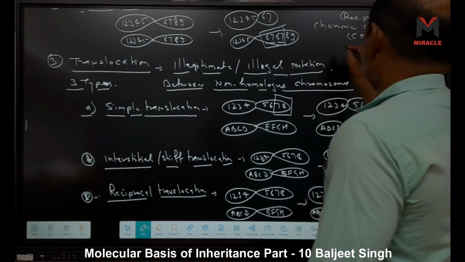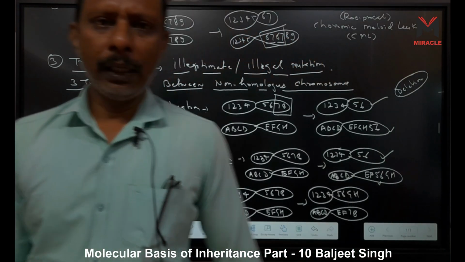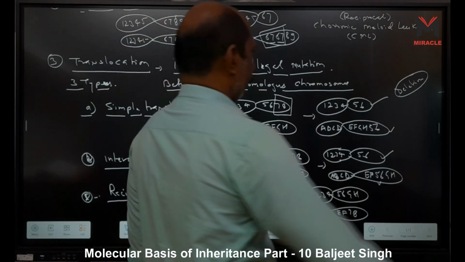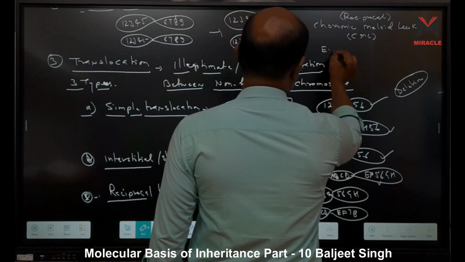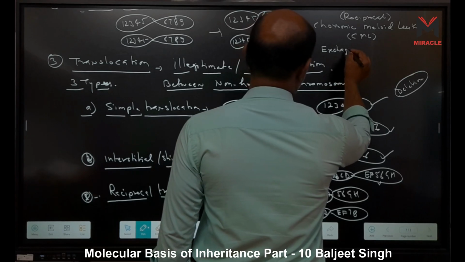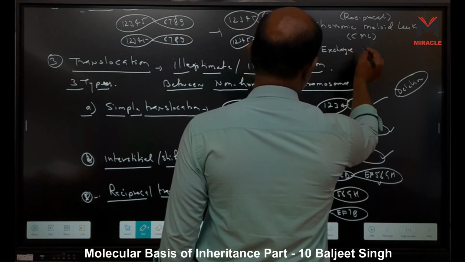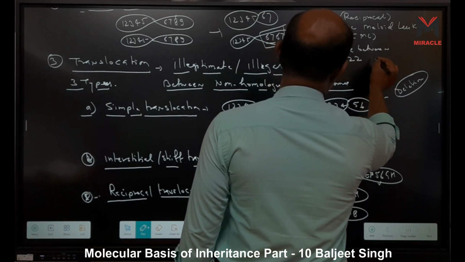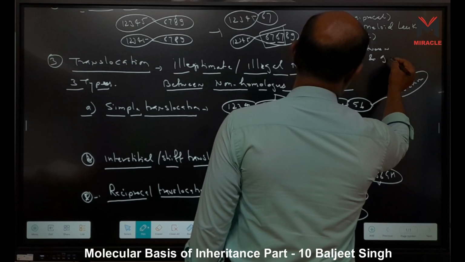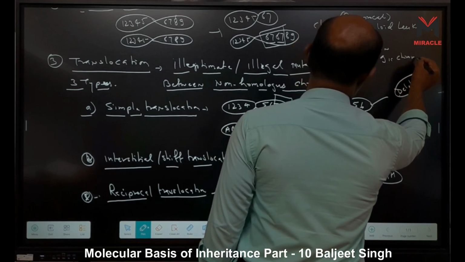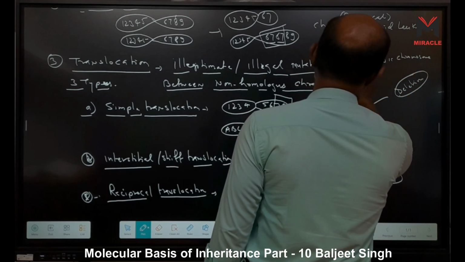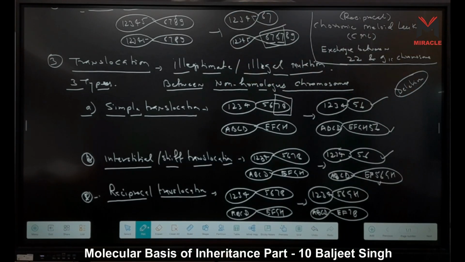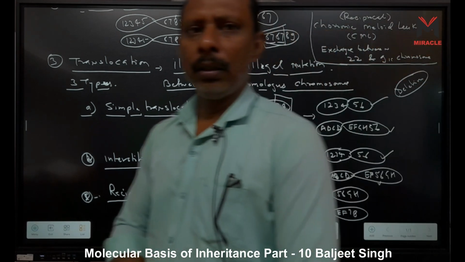Here what happens? There is an exchange between the 22nd and 9th chromosome. You understand? So these are the different types of chromosomal mutation.